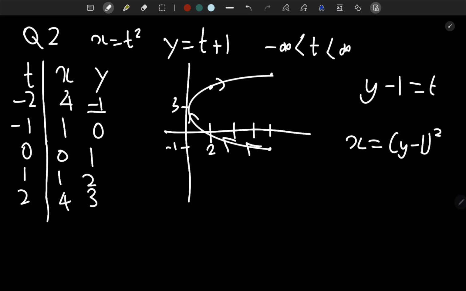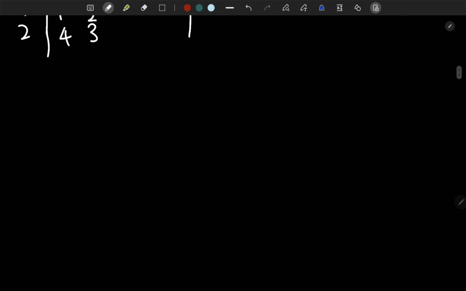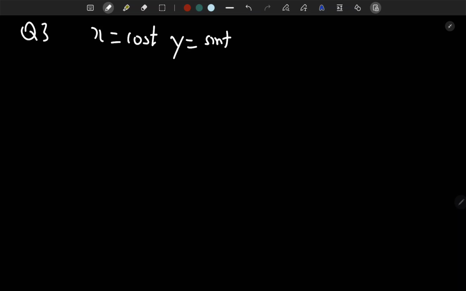So now let's look at a different kind of question, question 3, where we have a circle. So question 3, we have x is equal to cosine t and y is equal to sine t, and we have t between 0 and 2 pi.